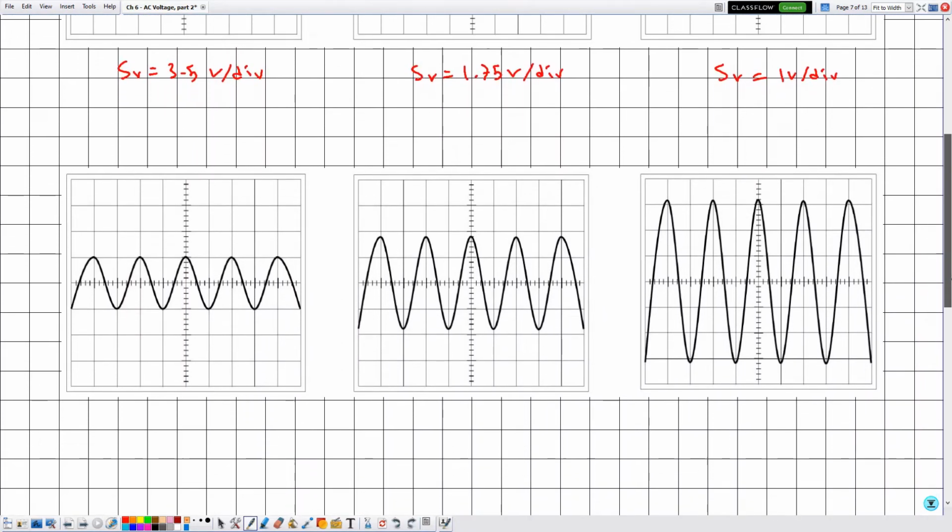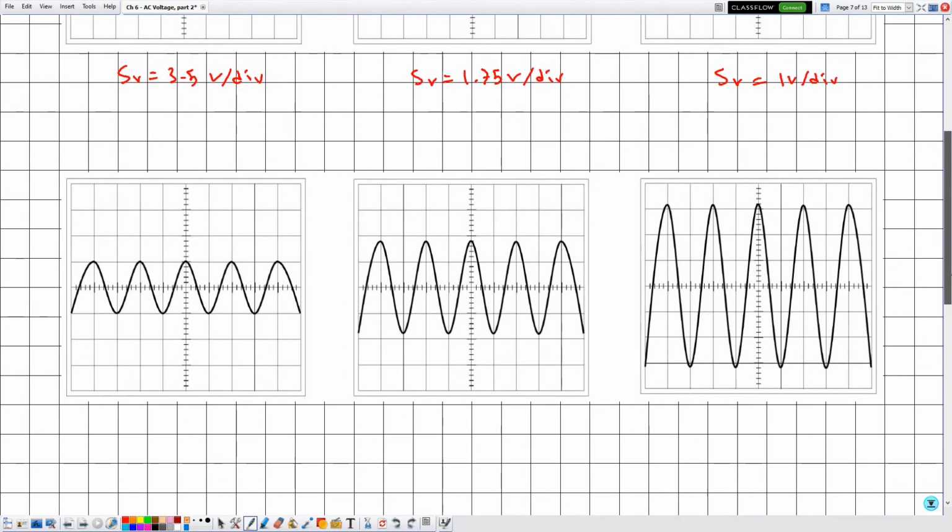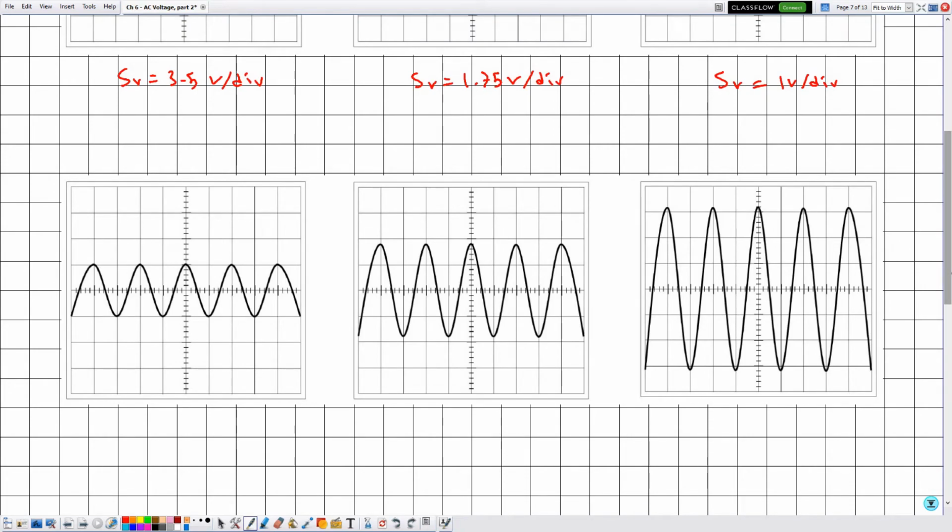And now let's refer to the case of the AC voltage, and let me write here section 12.2.